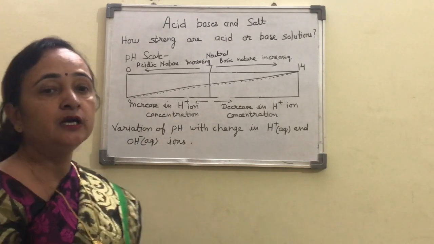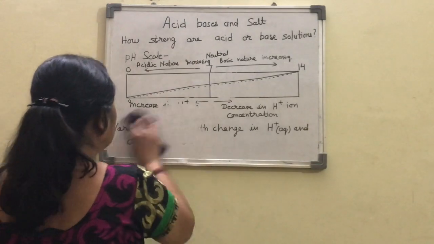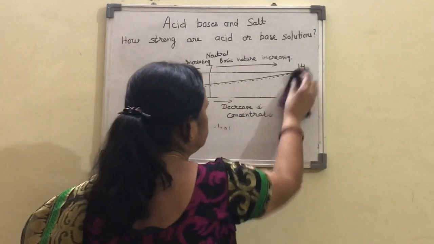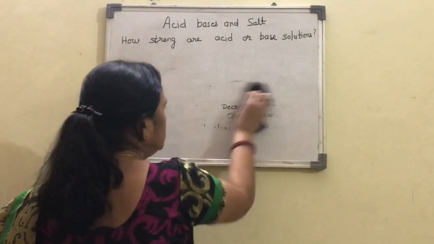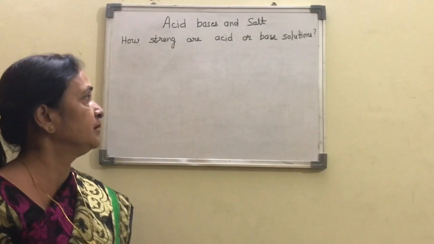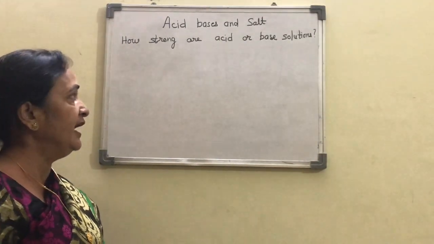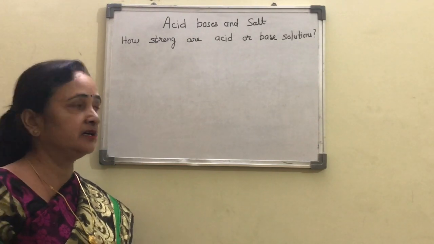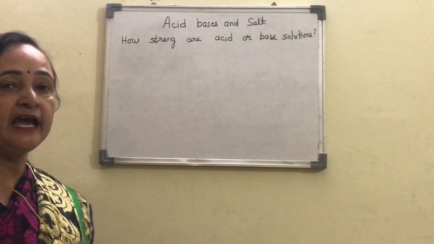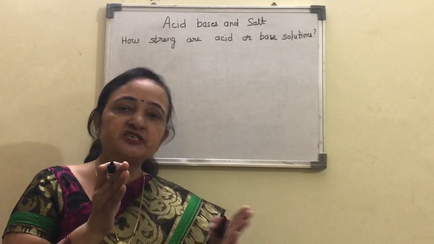So students, you can open your NCERT book, where you can see a figure in which the pH of some common substances is shown with different colors. Normally, for acids there is a red color with different shades.